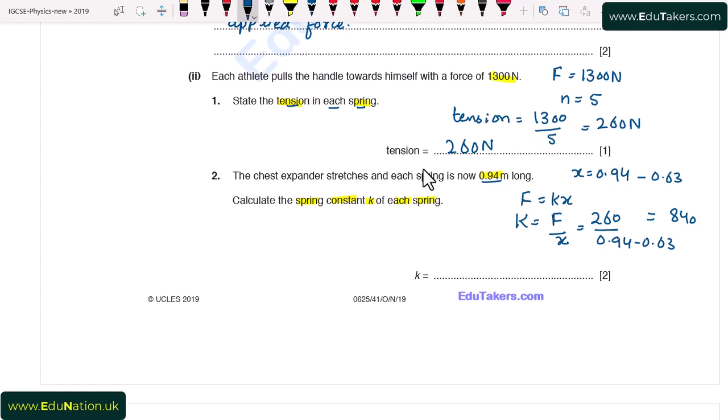The unit of force is Newton and X is meter. So K is equal to F over X. F will be in Newton and X in meter. So the unit of K is Newton per meter. I write here K is equal to 840 Newton per meter.